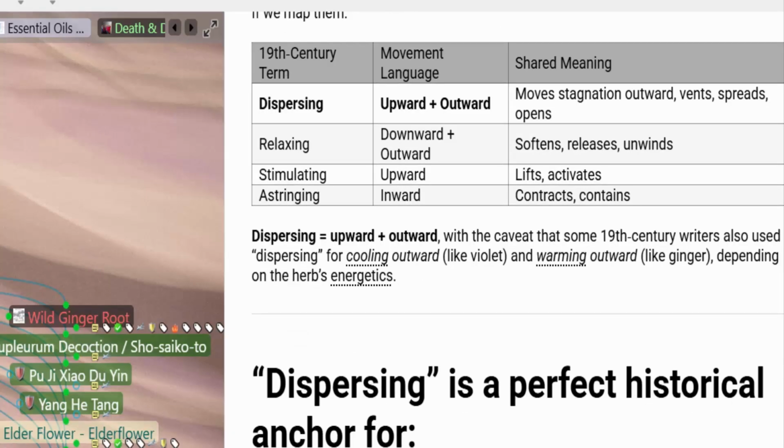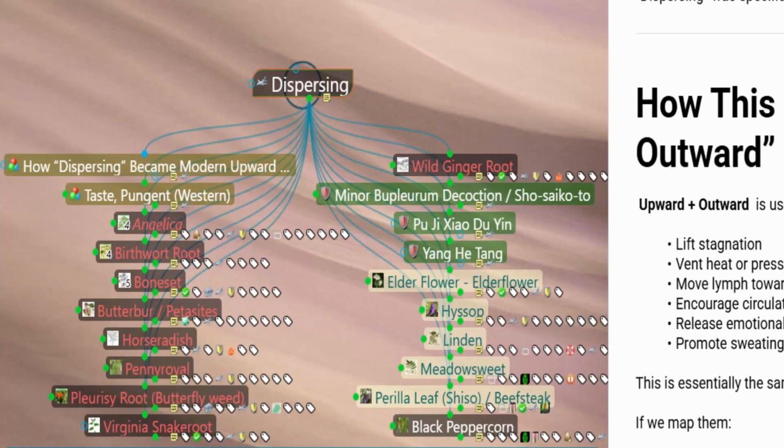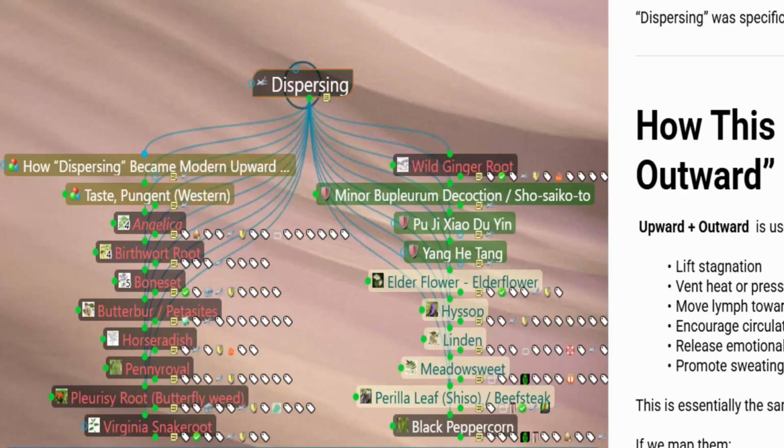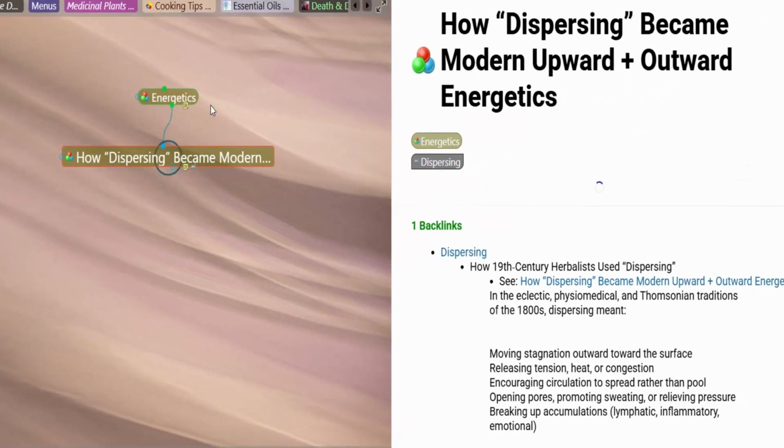Dispersing is a perfect historical anchor for spring lymphatics, emotional thaw, stagnation clearing, and surface opening herbs like cleavers, violet, and red clover.